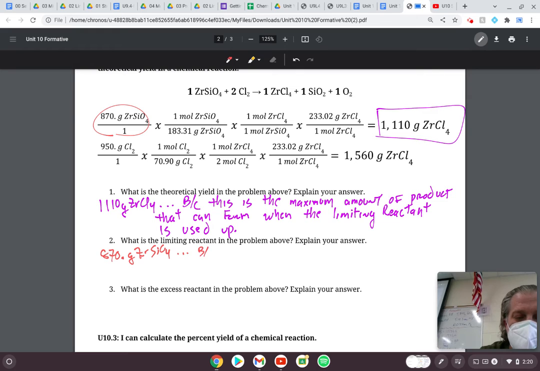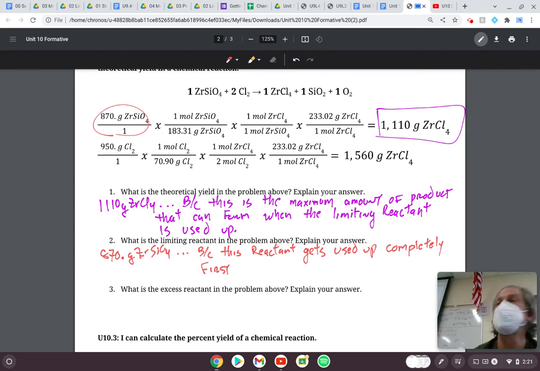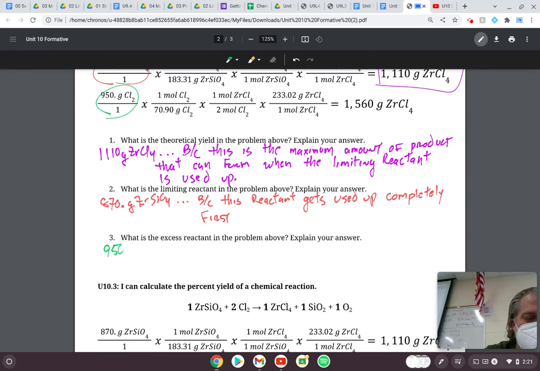And the reason for that is because this reactant gets used up completely first. So I'm looking for you to say something like that. And then by, I guess, process of elimination, the 950 grams of chlorine is going to be my excess reactant.